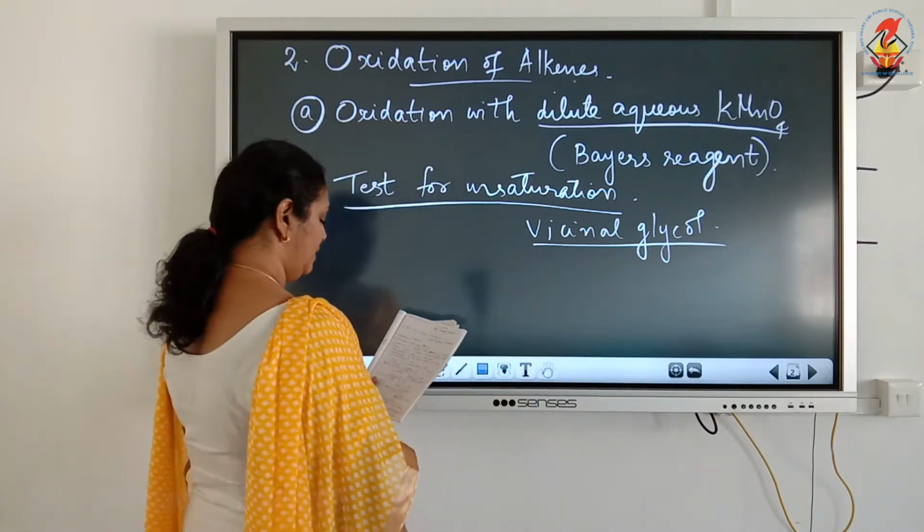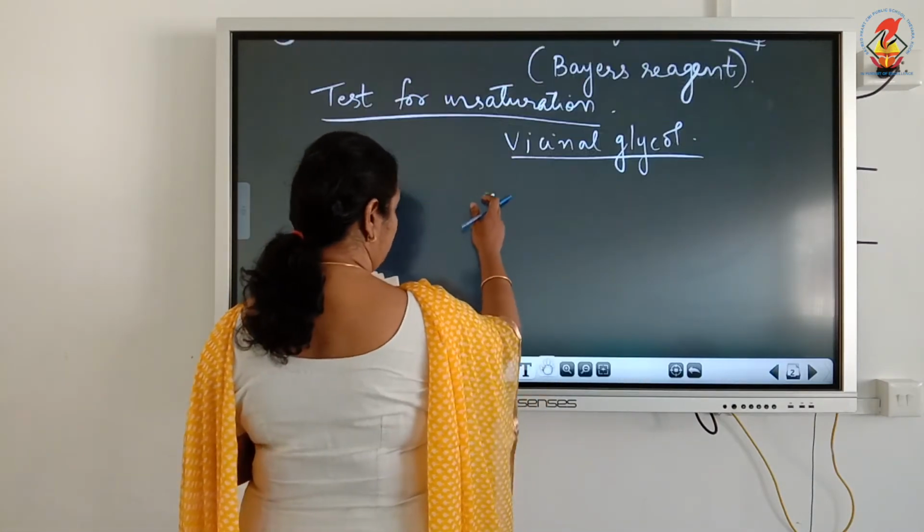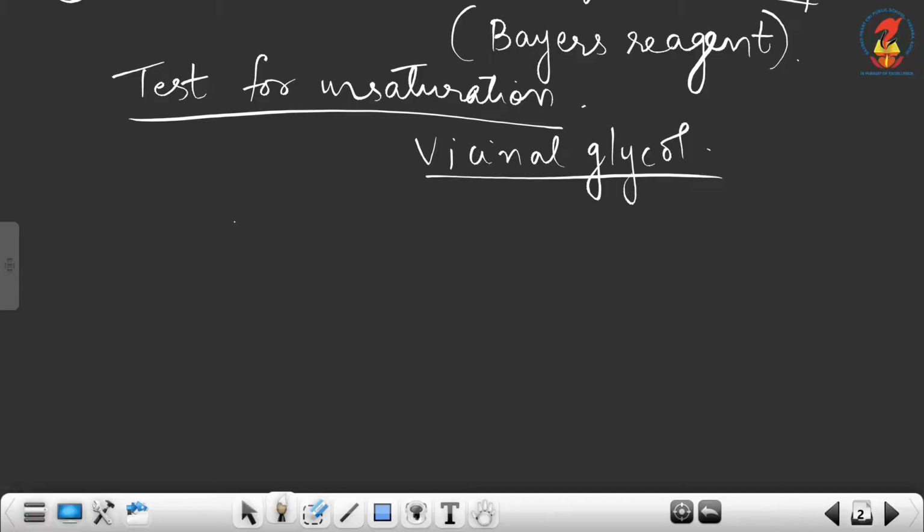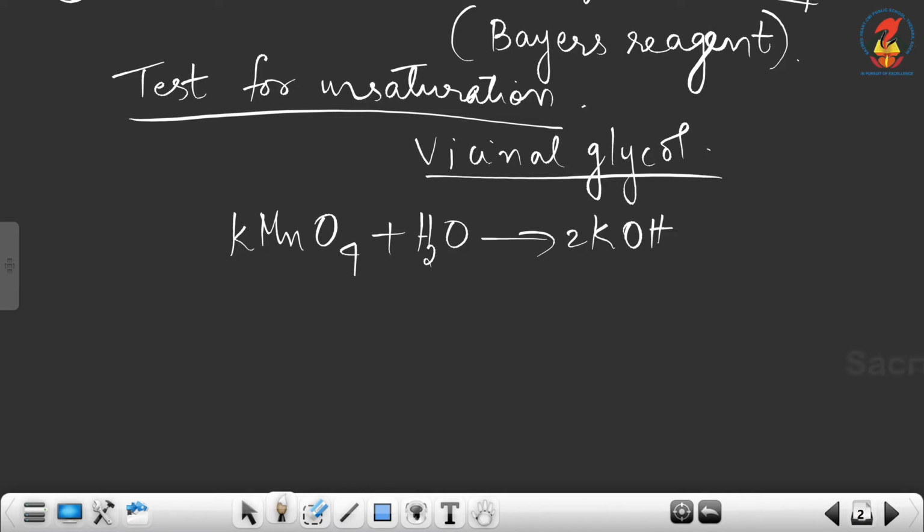Now, I'll write the example. Let's first write an equation for the oxidizing property of KMnO4. KMnO4 plus H2O. We get the product as 2KOH plus 2MnO2 plus 3 atoms of oxygen, and this oxygen helps in oxidation.